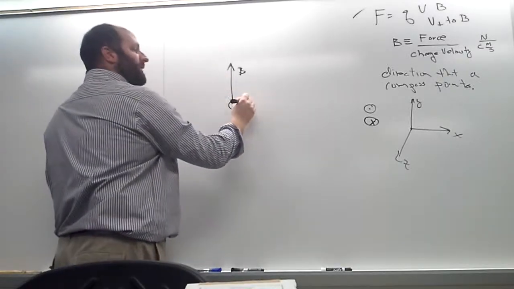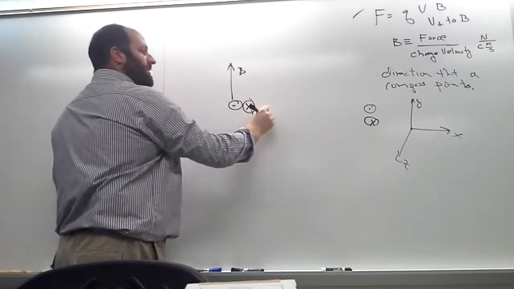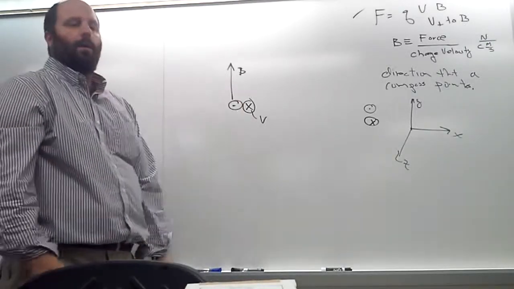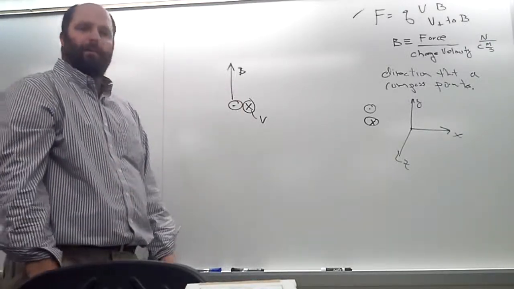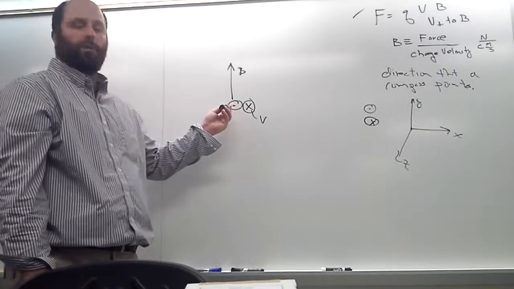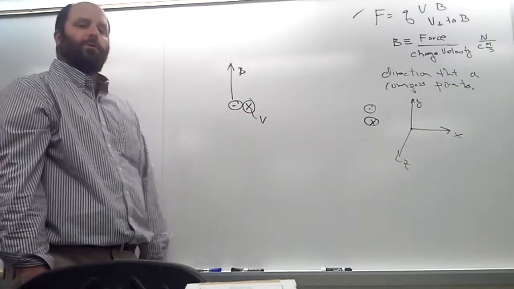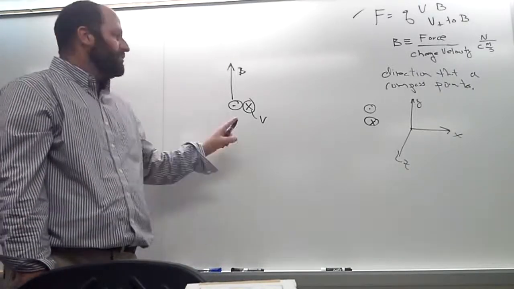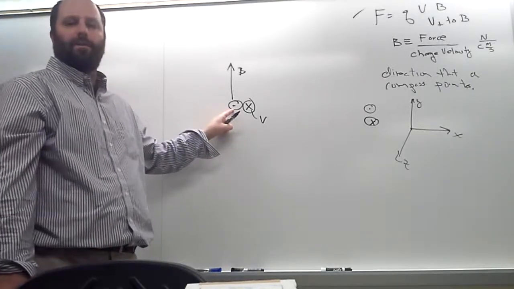So the velocity vector I would represent like this, v. So that particle's velocity is this way. There are two ways we can actually calculate the force direction, or predict the force direction on this particle. The first way is to use the standard right-hand rule, like we always apply it, and then just reverse the direction for the fact that the thing is negatively charged.